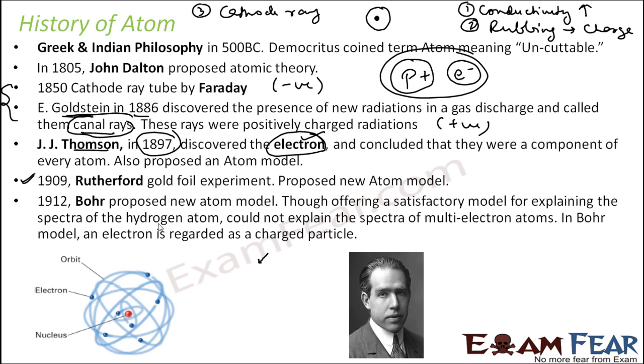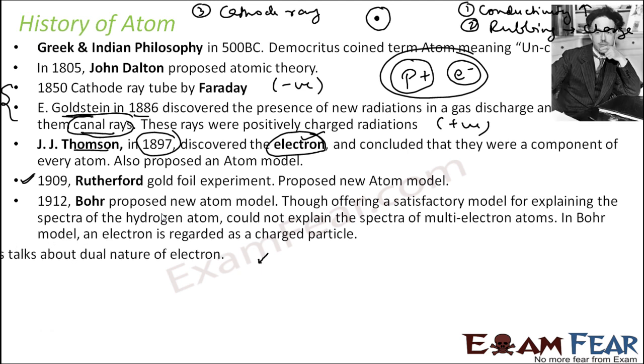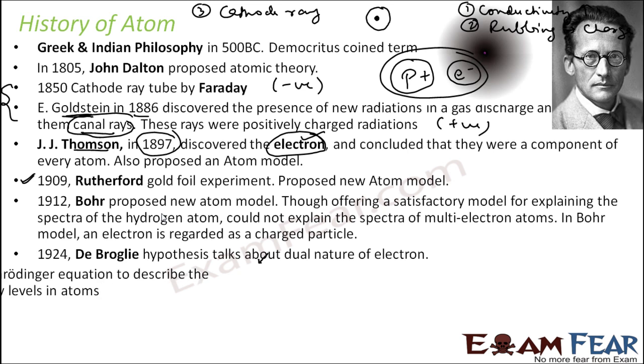We'll see what is spectra of hydrogen, but it could not explain the spectra of multi-electron atoms, and also the electron is regarded as a charged particle in case of Bohr model. So Bohr model was proposed, but it is also not 100% accurate. And then de Broglie came with the hypothesis of dual nature of electrons.